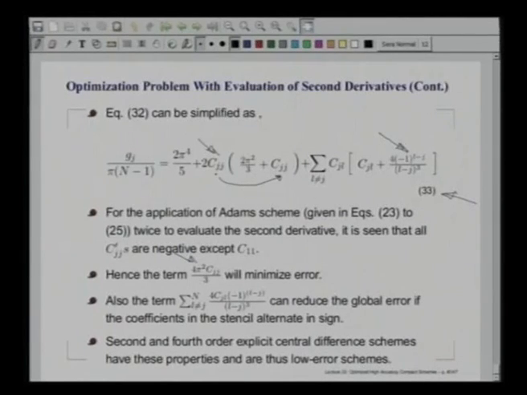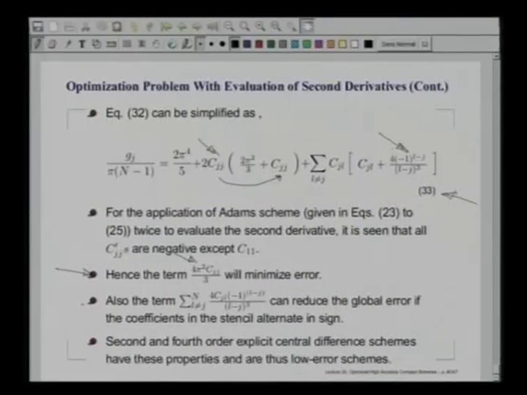It is only this part, that is what we have noted down here, that term will reduce error. All right. This term of course, will reduce error. So, basically we are looking at the second and the fourth term that can reduce error, and we can see that that is one way of minimizing error.